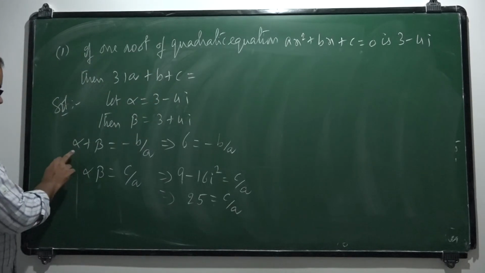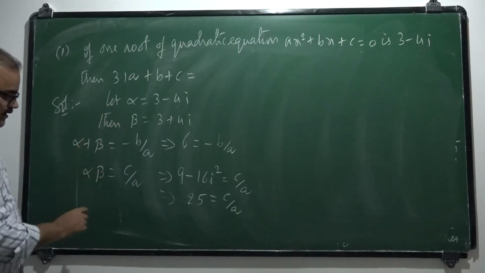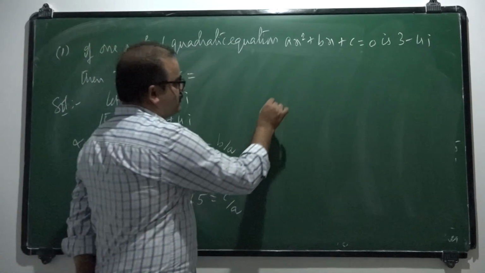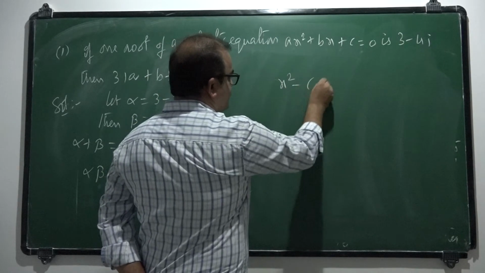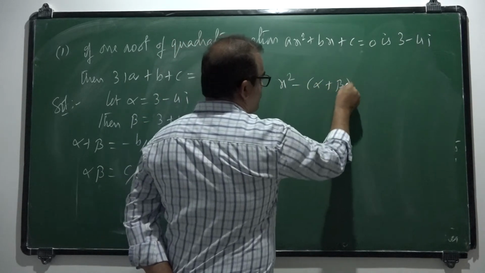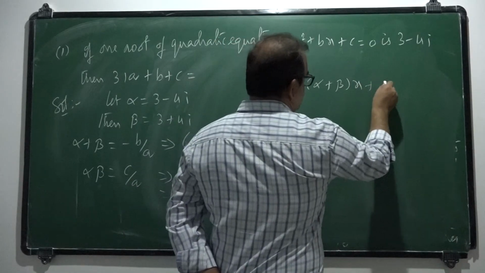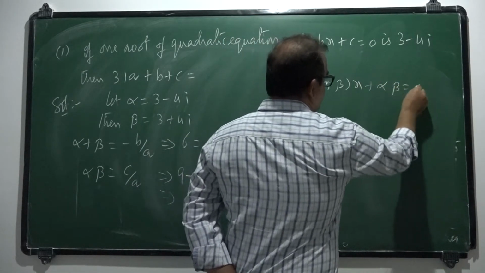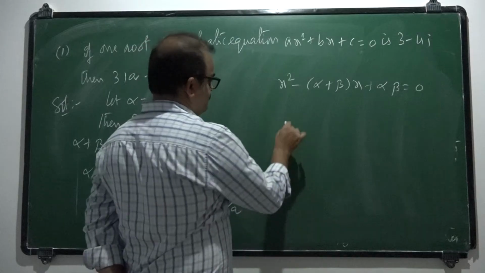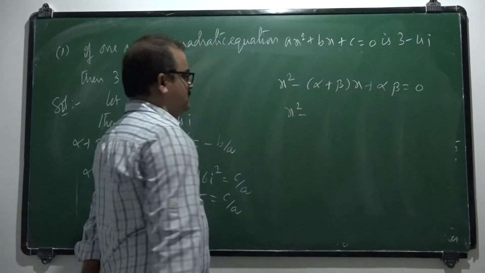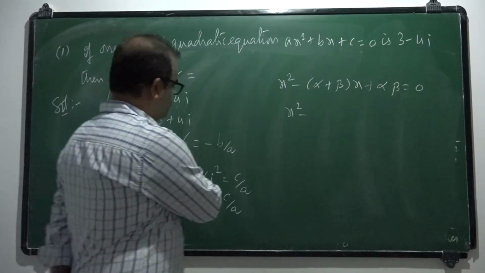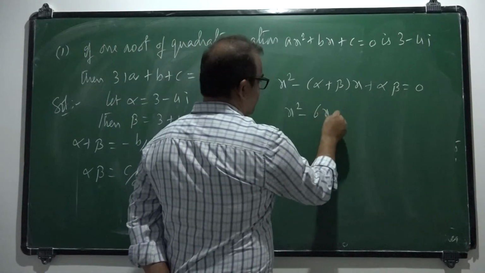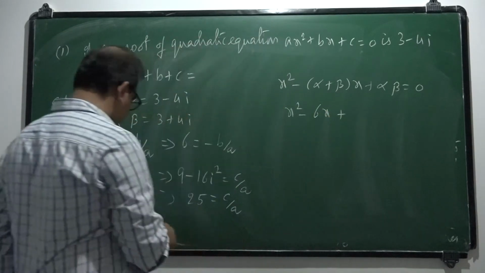Here i square is minus 1, so we get 9 plus 16, 25 is equal to c by a. We know if alpha and beta are the roots, then the quadratic equation is x square minus of alpha plus beta into x plus alpha beta is equal to 0. x square minus of what is the alpha plus beta value? 6 into x plus alpha into beta.